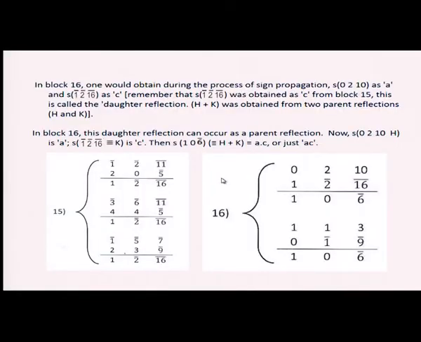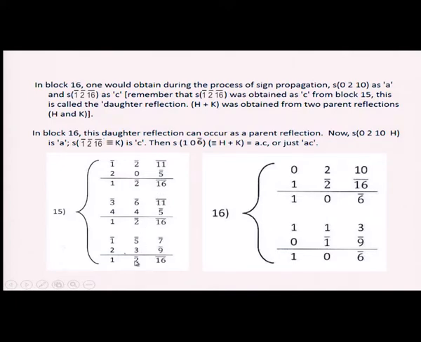When you add reflection H and reflection K, corresponding indices are added. 1 bar means minus 1 plus 2 is 1, minus 2 plus 0 is minus 2 which is 2 bar, 11 bar is minus 11, 5 bar is minus 5. So, 16 bar. So, these are, as I mentioned earlier, parent reflection and daughter reflection.